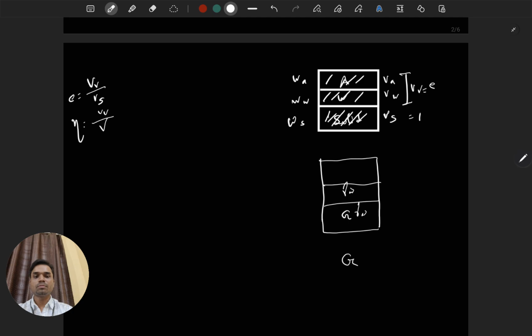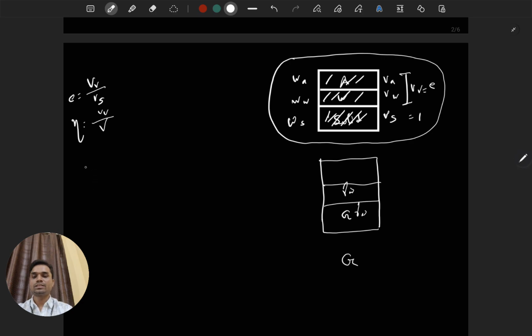Only this part you have to remember. If you remember it, this entire chapter is completed. Void ratio is volume of void by volume of solid, and porosity is volume of void by total volume. That's it. Now let's go to density.